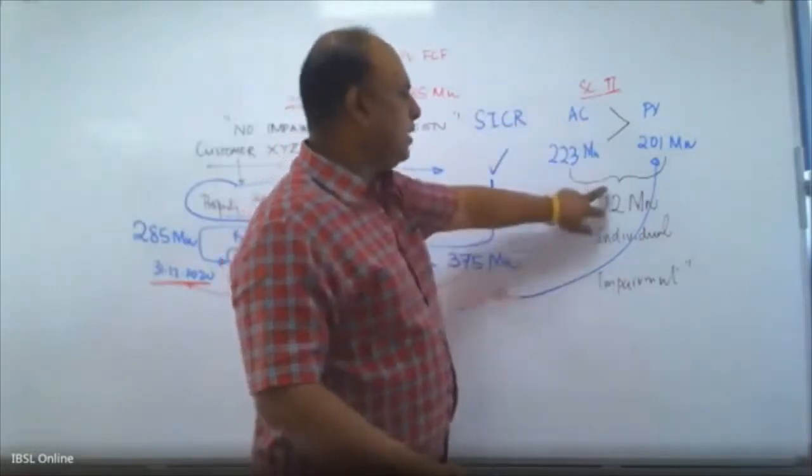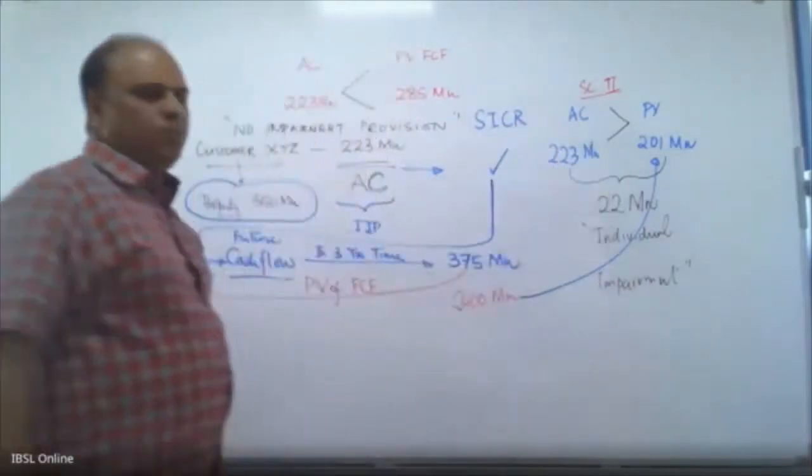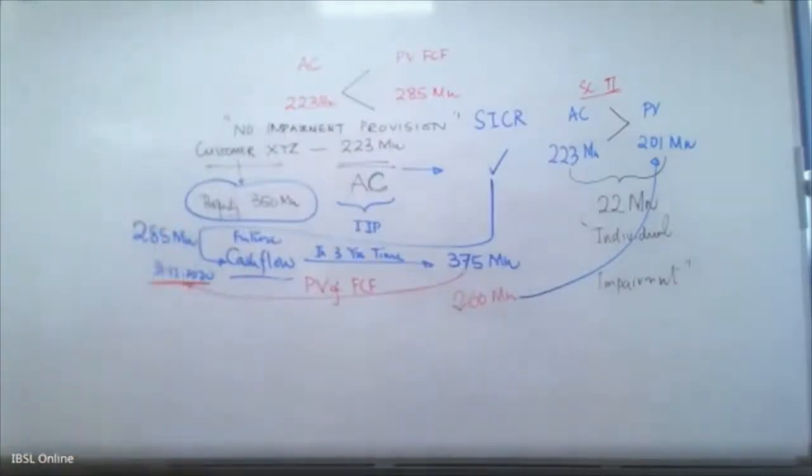As a result, I get an impairment of 22. Okay? Please take it down with a proper understanding. The two scenarios.